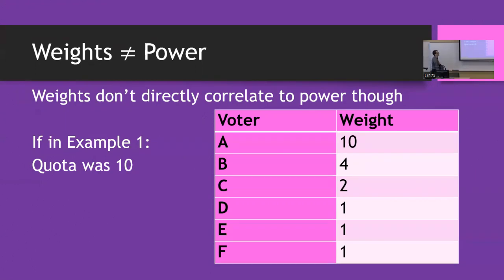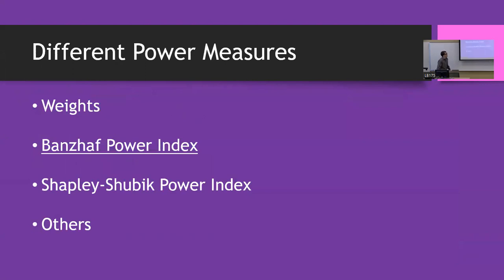Because in this voting system, every voter, well, in this example here, every voter had a certain weight, but A had all the power, okay? Like 100% of the power. So weights aren't really a good measure of power systems.